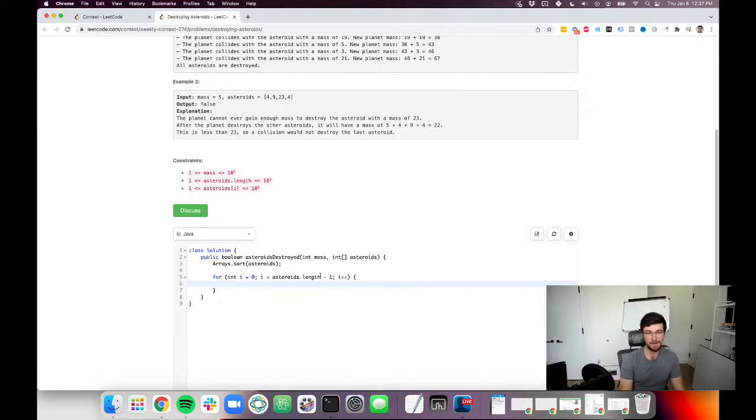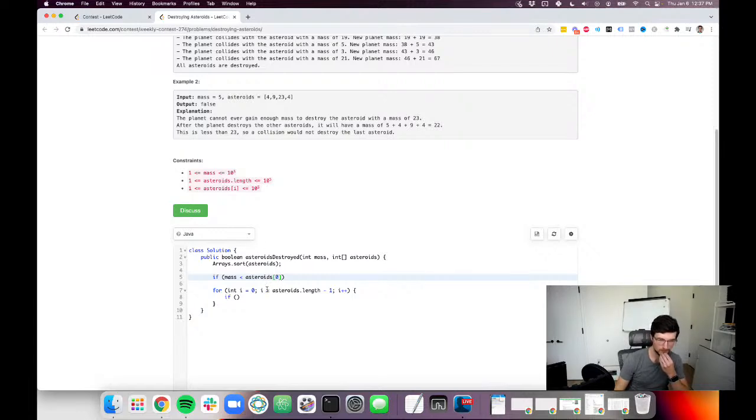So we'll say, well, maybe we can start with the first one. If mass is less than asteroids[0]... do I really need to do this? Okay, never mind, I take this back.